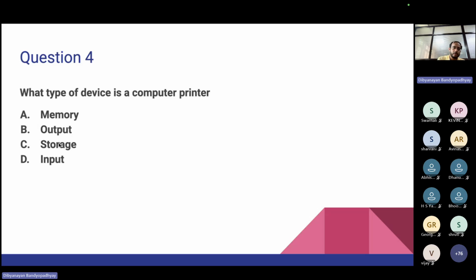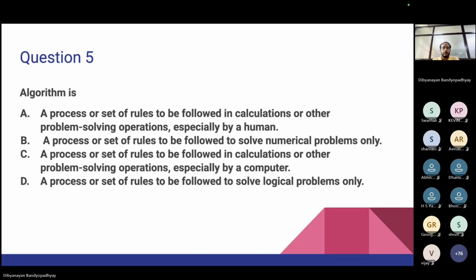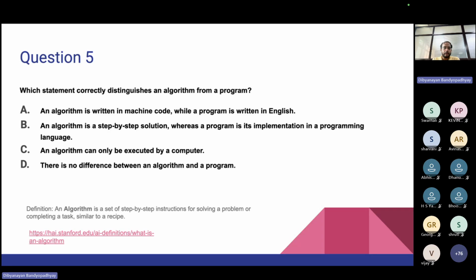Hard disk is the storage in the computer, so the only thing remaining is output. So computer printer is an output device. Whatever you are generating from the computer, you provide that to the computer printer to print it. So it is a part of the output unit.